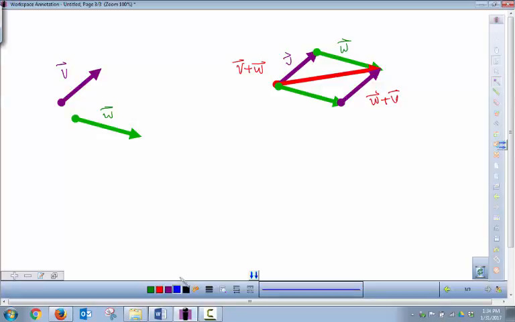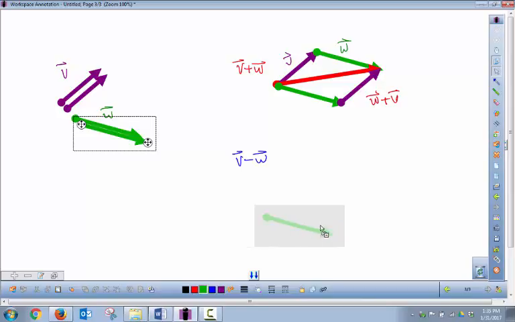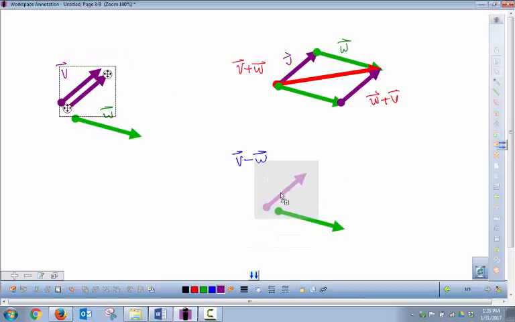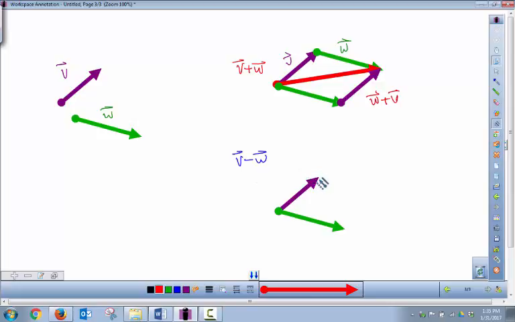So now let's take a look at V minus W. It turns out that for V minus W, I'll put V and W back to back. V minus W is going to be a new vector that has V and W as the head and the tail.